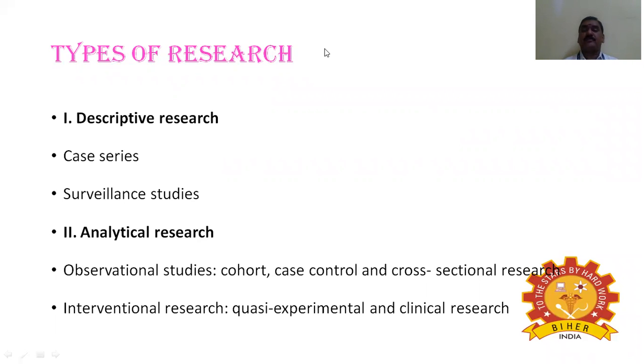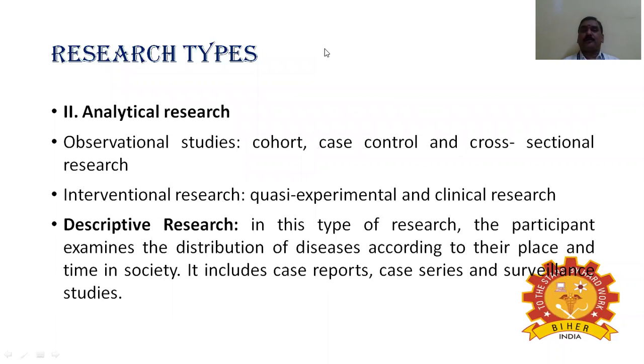For example, we can say clinical research. Next I'm coming to, what is analytical research? Analytical research includes the observational studies, cohort studies, case control studies, cross-sectional research, and the interventional research. I already told you, for example, clinical.